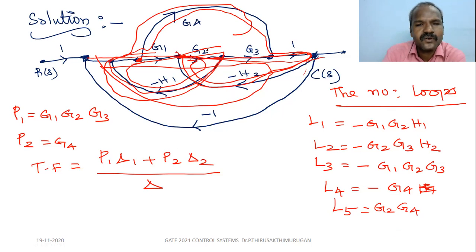So starting from here, it is G2, G4, H1, H2. So there are 5 individual loops.